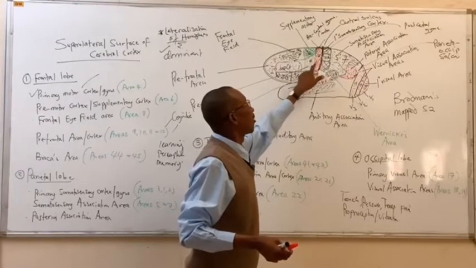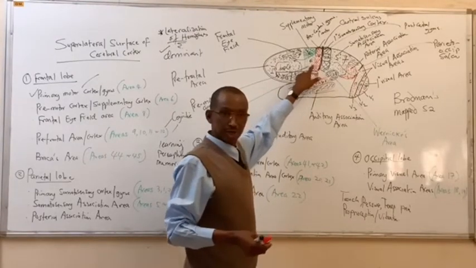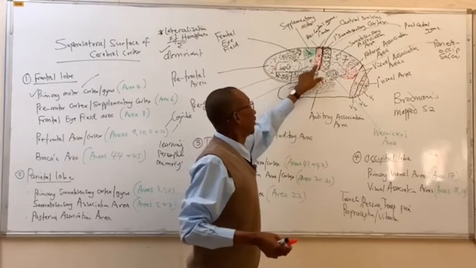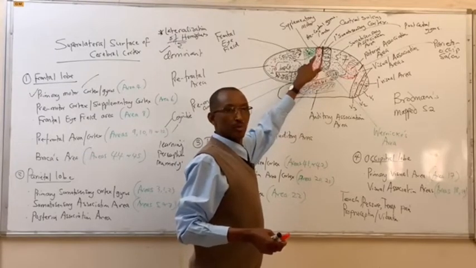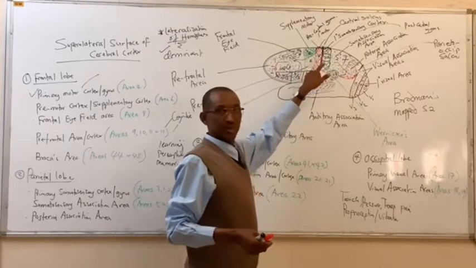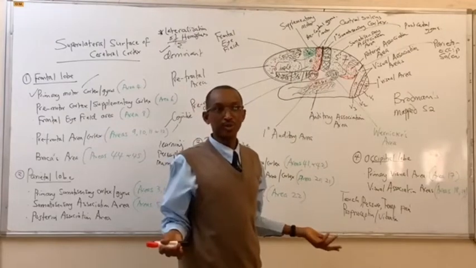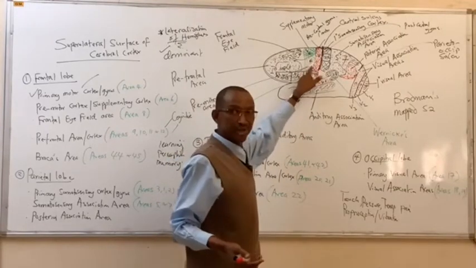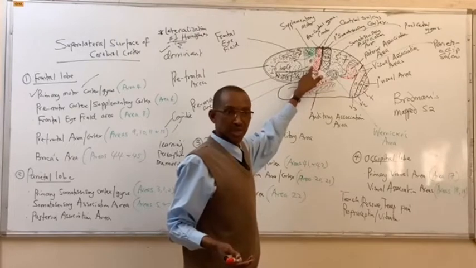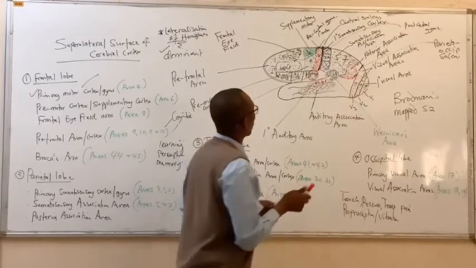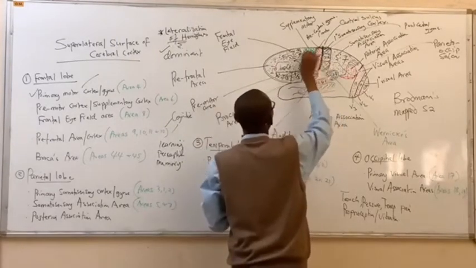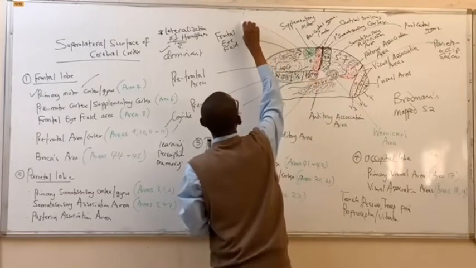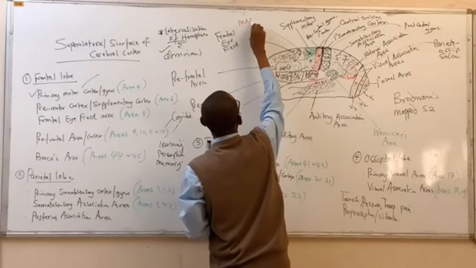If you remember, in the frontal lobe I discussed the primary motor cortex. What is the secondary motor cortex? That is our premotor cortex, which we call the motor association area.